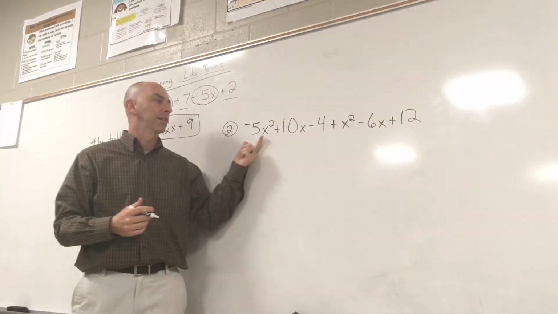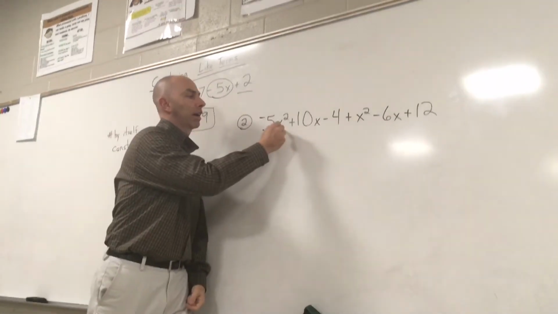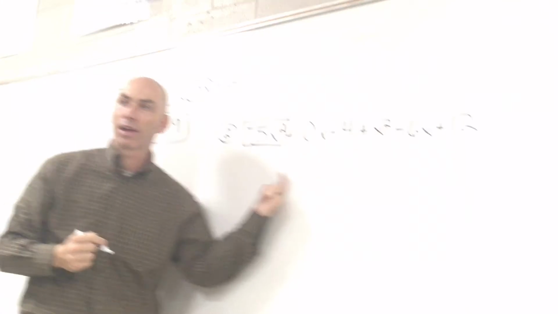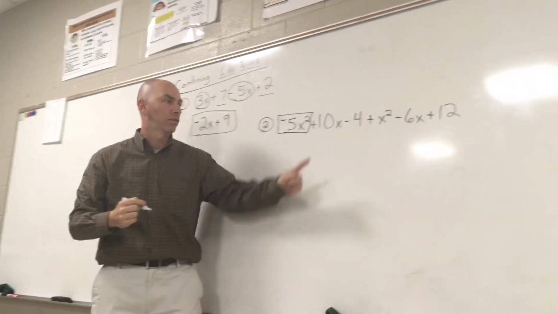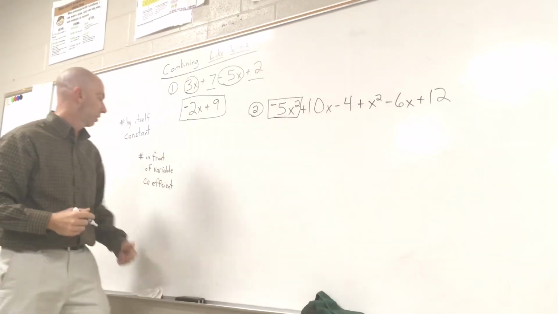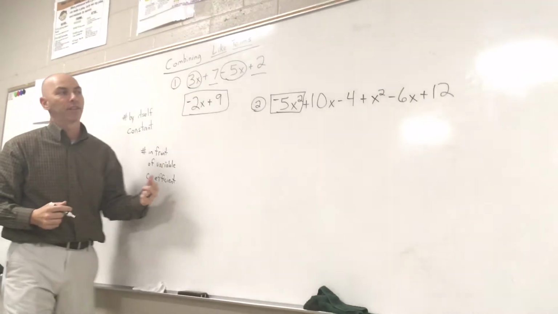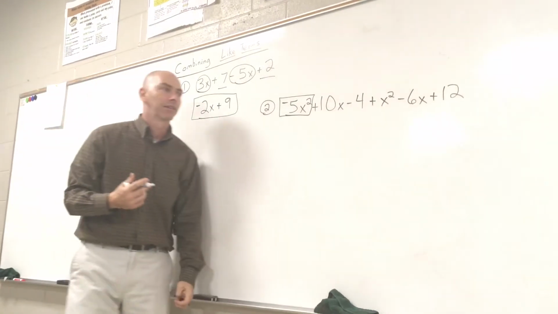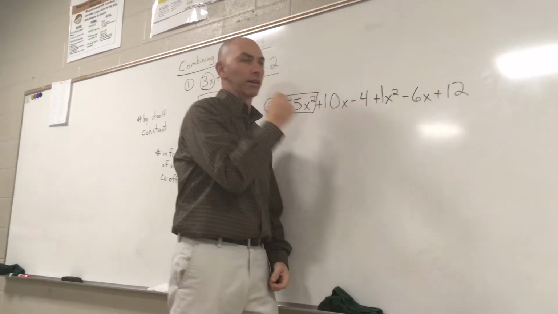So, negative 5x squared, what can I combine with a negative 5x squared? Is there any other x squared here? Just x squared. Yes. What is the coefficient of this x squared right here? 1. If you don't see it, it's basically an understood 1 there.